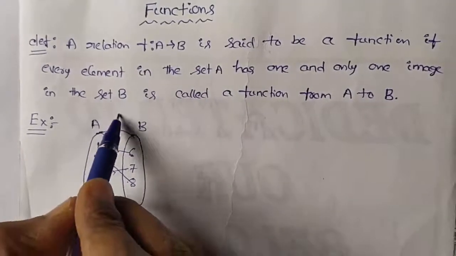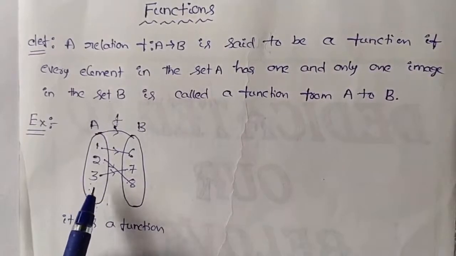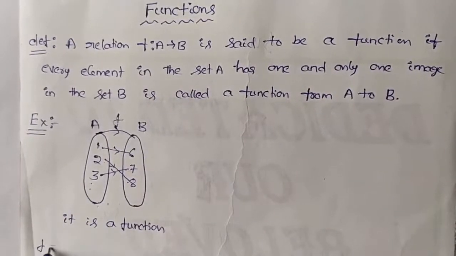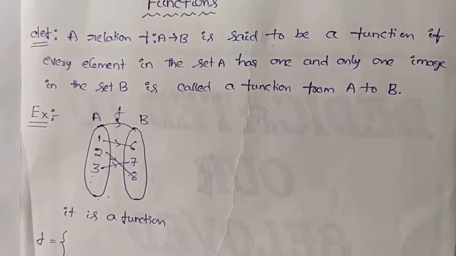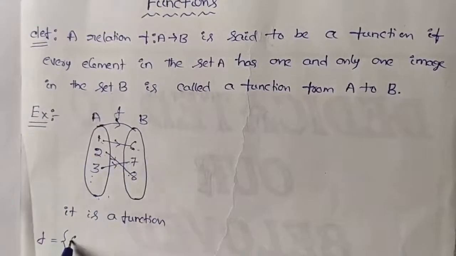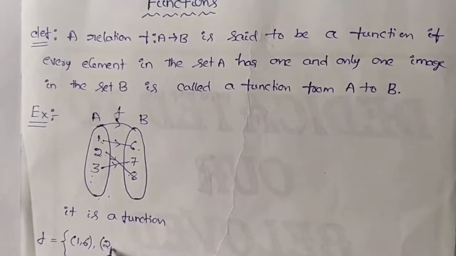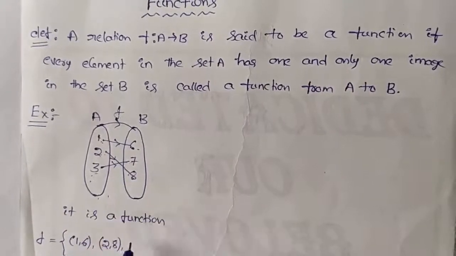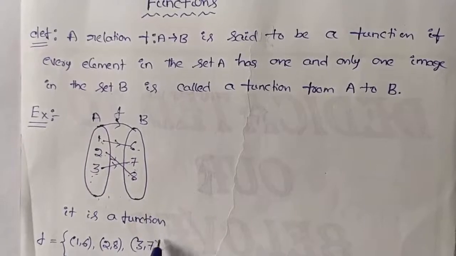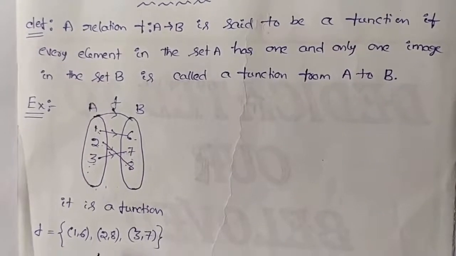Let us write this in roster form. Relation F equals {(1,6), (2,8), (3,7)}. Therefore, it is a function, right?